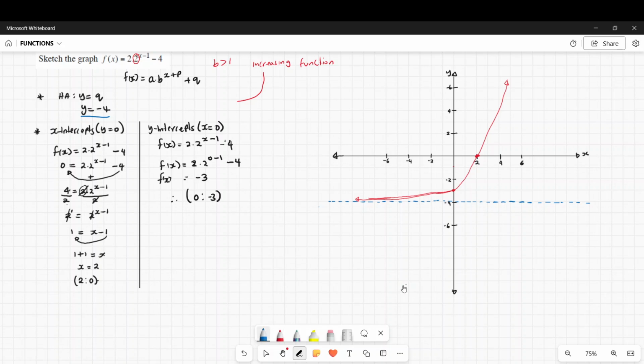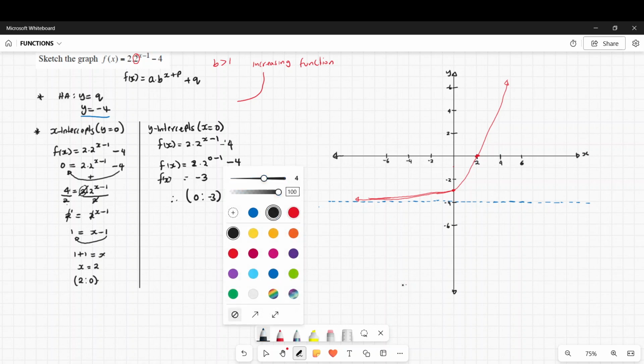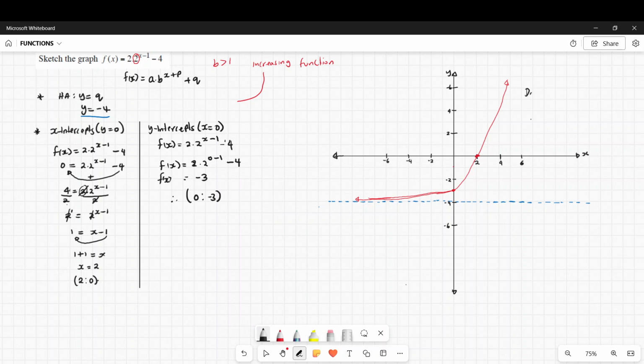The other thing that is very important is your domain and range. As you can see, the domain can be x, an element of all real numbers with no restriction, because this graph will exist on the negative side of the x values and the positive side of the x values.